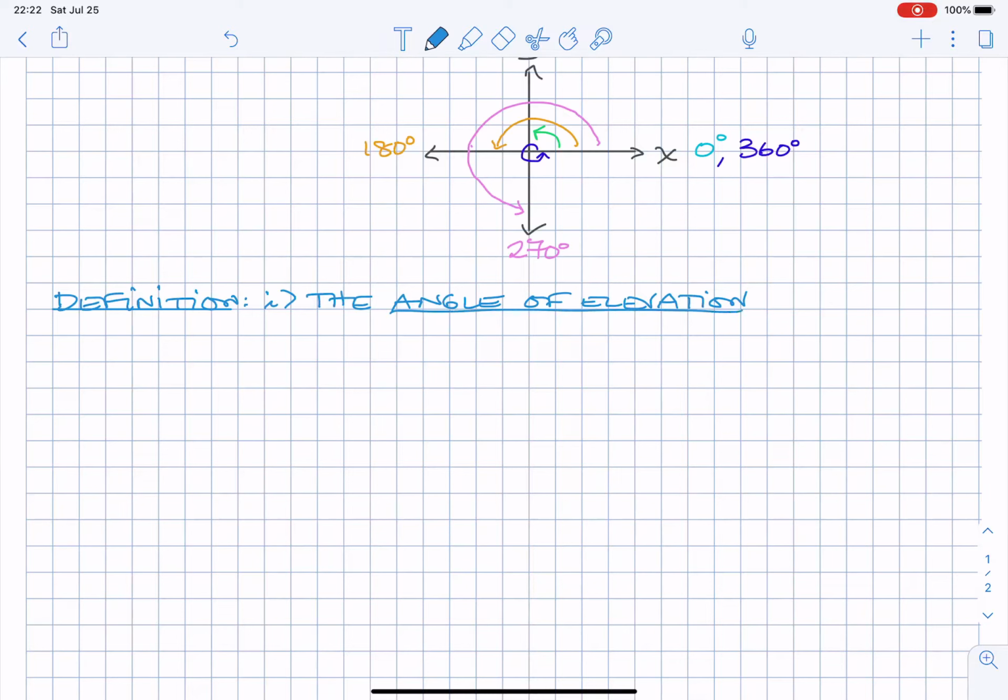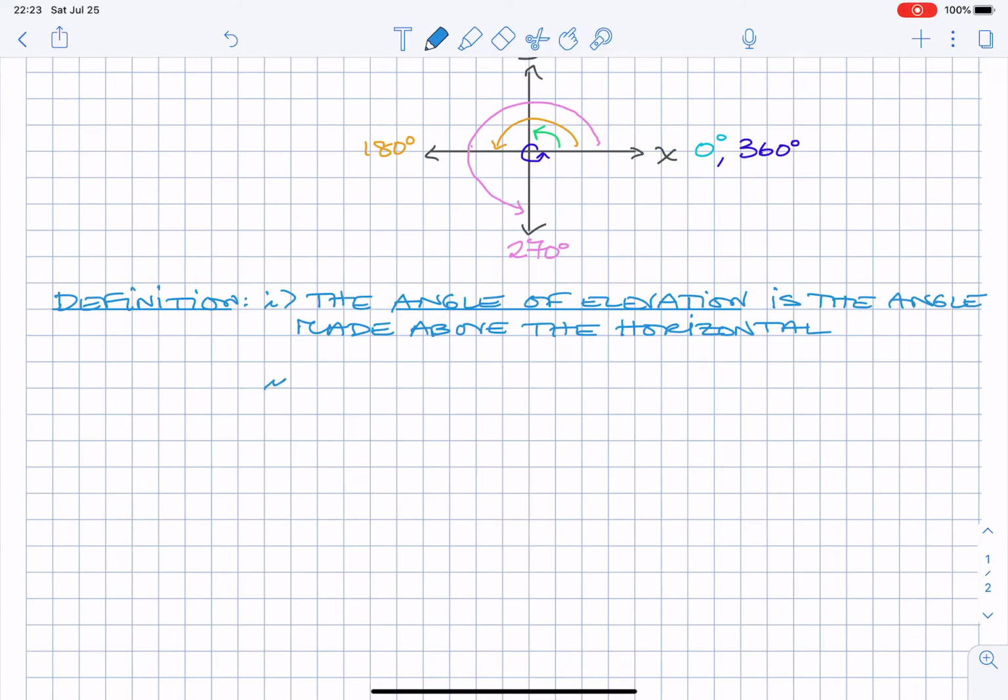That's the angle made above the horizon, or horizontal. It's the angle made above the horizontal. And I'll do an example in a moment of what I mean by these.